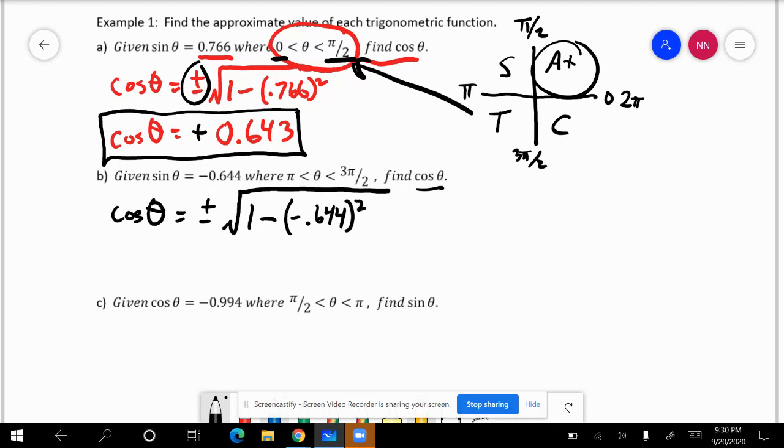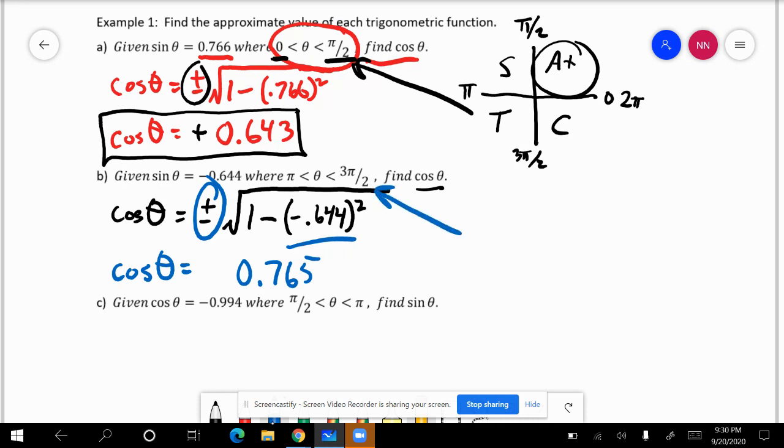Now, one thing I'm going to point out, whenever you square something, it's always positive. So when we plug it into our calculator, what we get is 0.765.